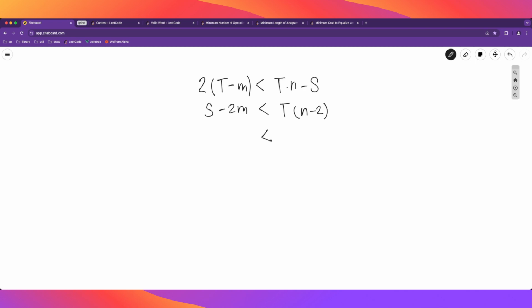So now we divide by this. So now we know that if the target is greater than this number, then we're gonna be in the case where we can use all the cost2 operations.